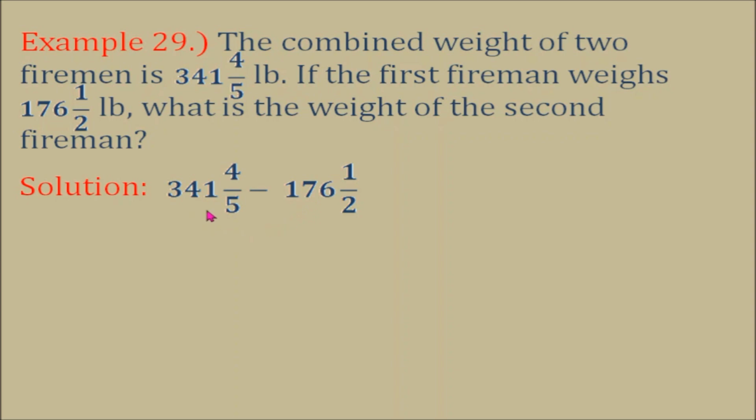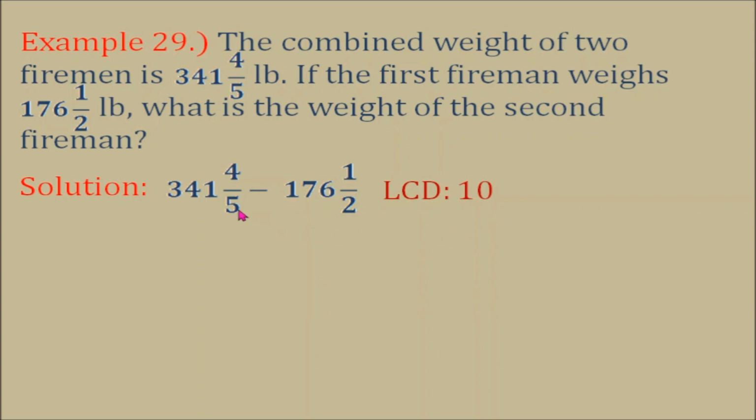So that's 341 4/5 minus 176 1/2. First, we are going to find the LCD. The LCD between 5 and 2 is 10. So we are going to change 5 to 10 and also 2 to 10.